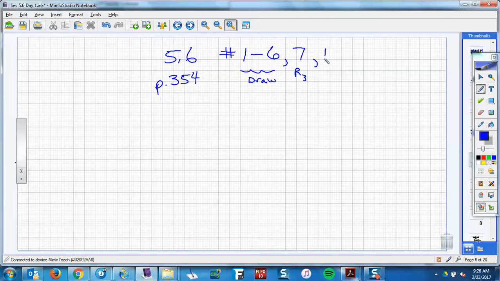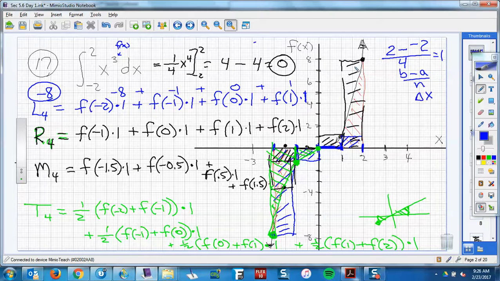And then we're going to do number 10. And on number 10, it uses that same picture, and they want you to do a T3. It says do a trapezoid with 3 equal subintervals. So same picture, but again, you don't have to draw a picture, right? You just crank out 3 trapezoids and write it out, just like we did back here, right? Write out your trapezoids. Okay, just like we did when we did number 17.